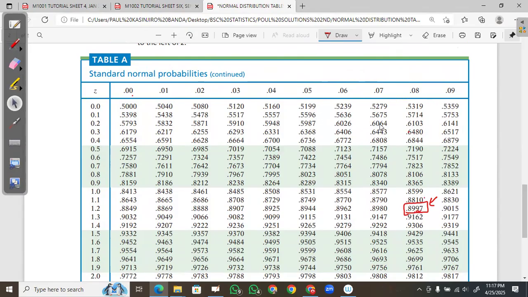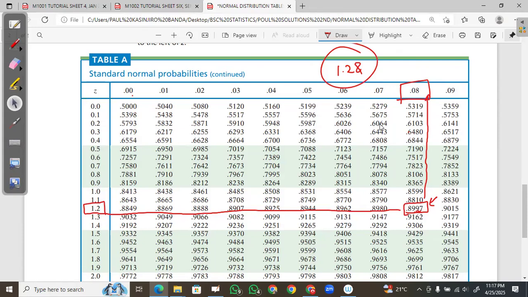I'm going to move up to where this z score is, and then I'm also going to move to the left where this z score is. To the left, I'm finding 1.2. To the right, I'm finding 0.08. If I add those, I'm going to get 1.28. So the z score for finding this probability is just 1.28.